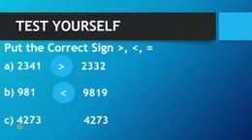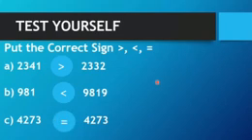The digit at the 1000 place is 4 here. Here also it is 4. Here it is 2, and here also it is 2. Here it is 7, and here also it is 7. Here it is 3, and here it is 3. So that means it is equal. So the answer would be equal.